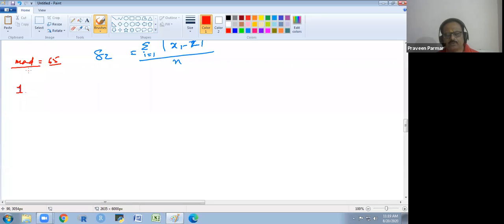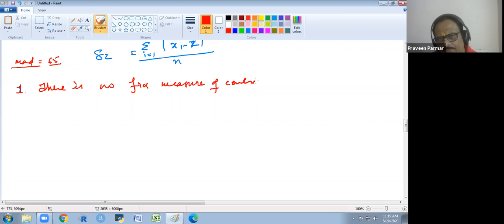Okay. So the first demerit was that there is no fixed measure of central tendency.